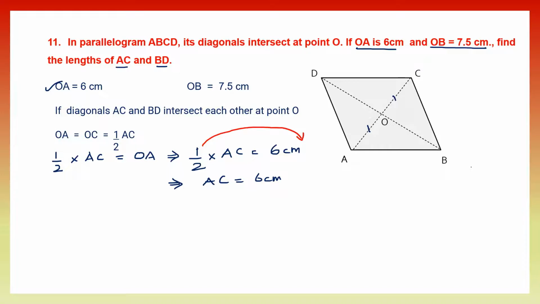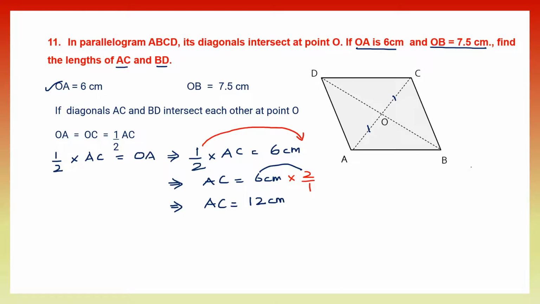And because it's multiplication, it becomes division. So 1 by 2, when I write the division part of it, becomes the reciprocal 2 by 1. Now I can multiply or cancel whatever I can and find the value of AC. AC is equal to 6 into 2, which is 12 centimeters. 12 by 1, which is 12 centimeters.